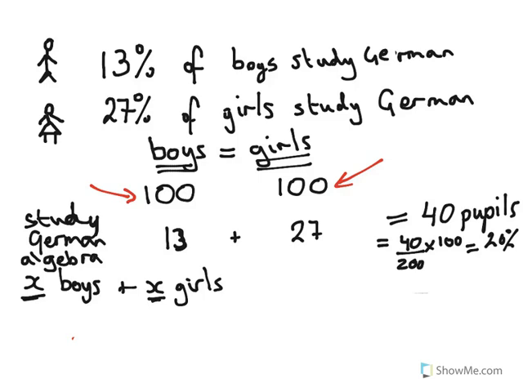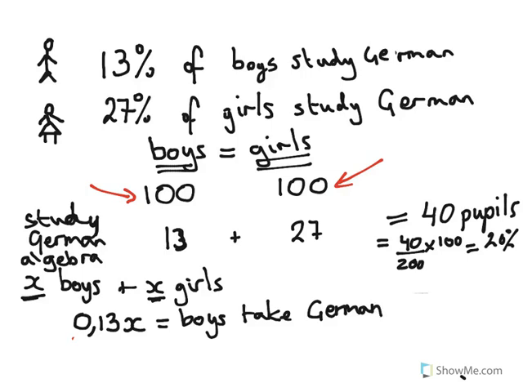Well, 13% of x is the same as 0.13 multiplied by x, which is the number of boys who take German. And we know that 27% of the girls, that's the same as the decimal 0.27 of x, is the number of girls who take German.